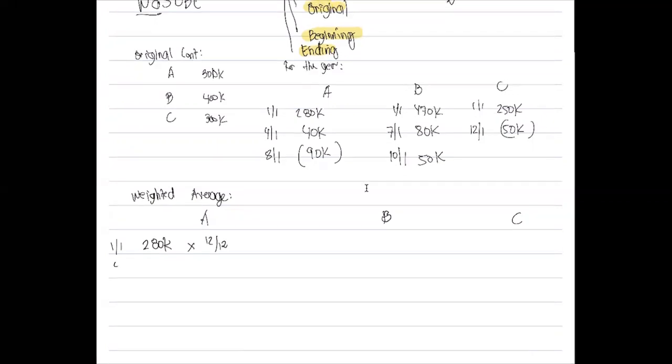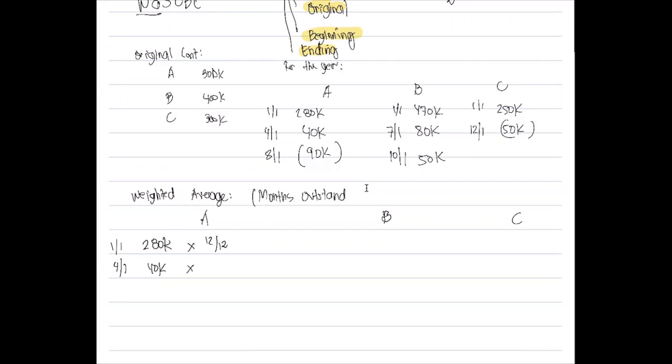And then we have 40,000. Sir, what is months outstanding again? You count from the date of the investment or withdrawal until year end. Okay? So we have here 40,000, guys.